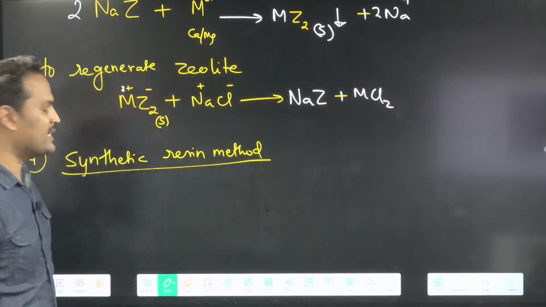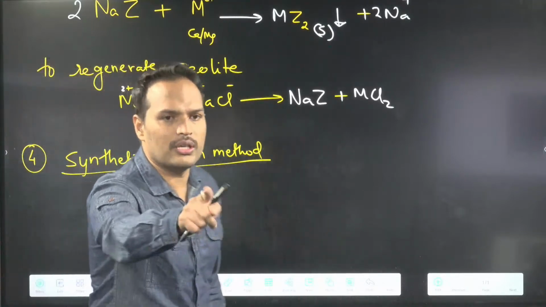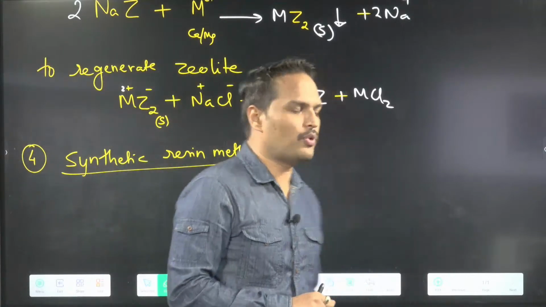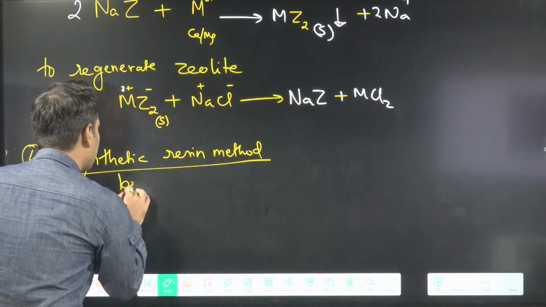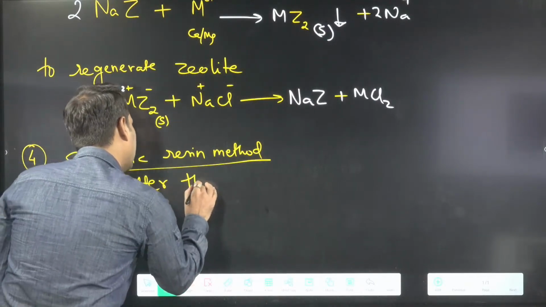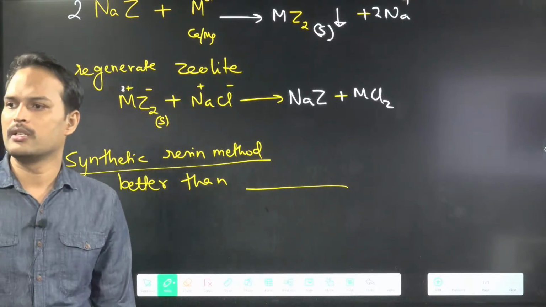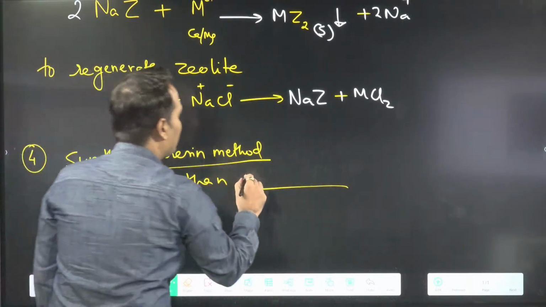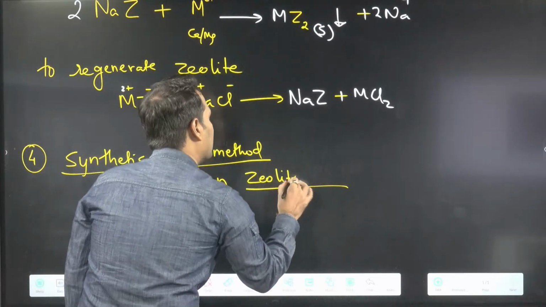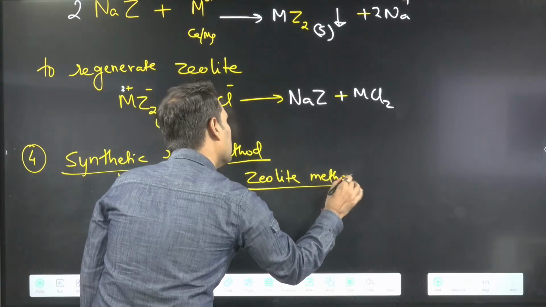Clear with this point? Synthetic resin method, the first and most important point. What is the most important point? This process is better than whom? Quickly tell me. Better than the upper method, zeolite method. First point you have to know this.